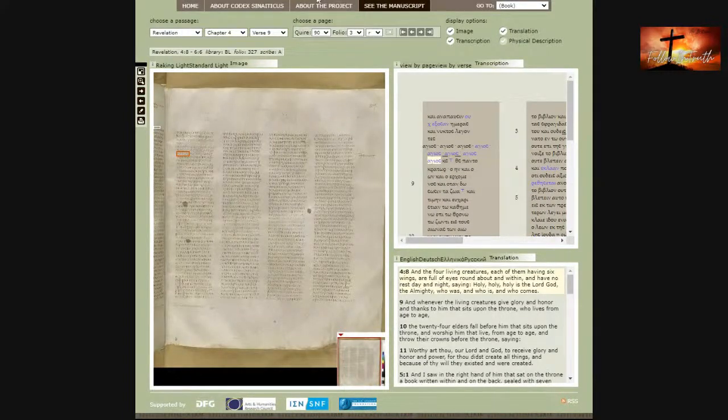So this is just on the Codex Sinaiticus website, which anybody can go and have a look. You just put in Revelation up here, the chapter there, and the verse.